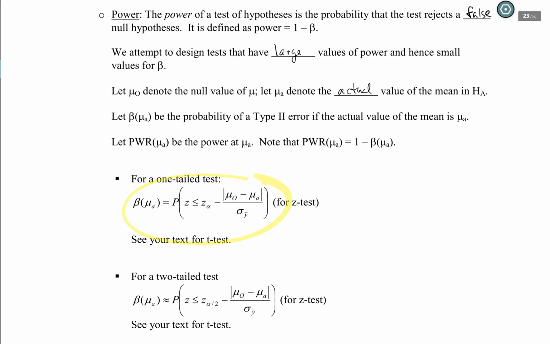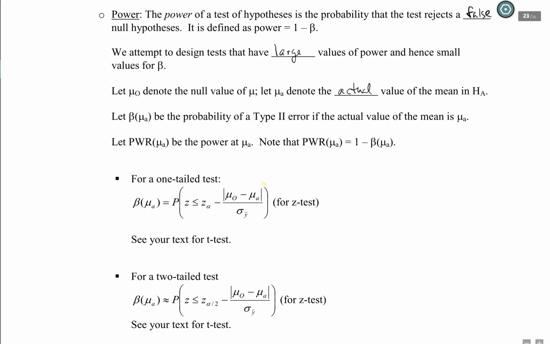And so it's a probability. It involves the critical value, the null hypothesized value, the actual value of the mean, and then sigma y hat, that's going to be sigma over root n. Okay, so that's for a one-tail test here.